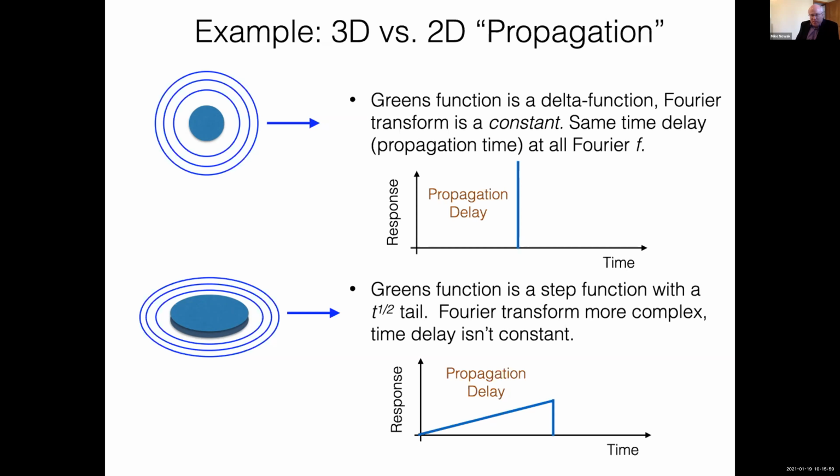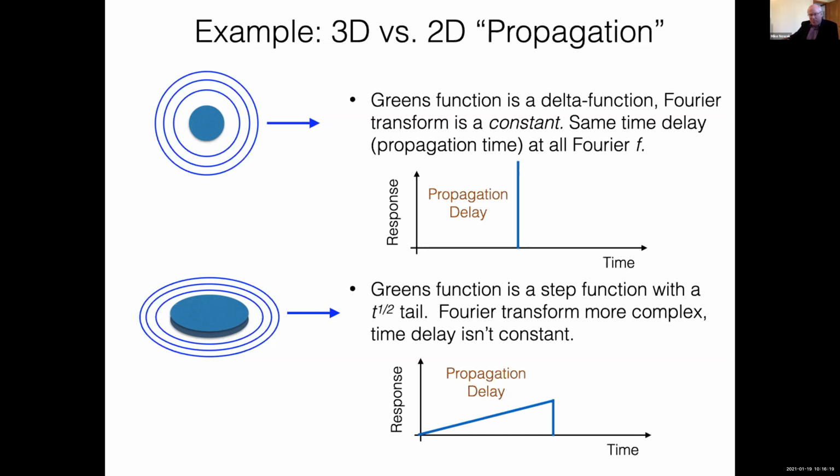In 2D, you're dealing with things like Bessel functions instead of a delta function. So it's a step function with a tail. The mere presence of the tail, which really is just a mathematical artifact in some sense, means there's Fourier structure in that tail.